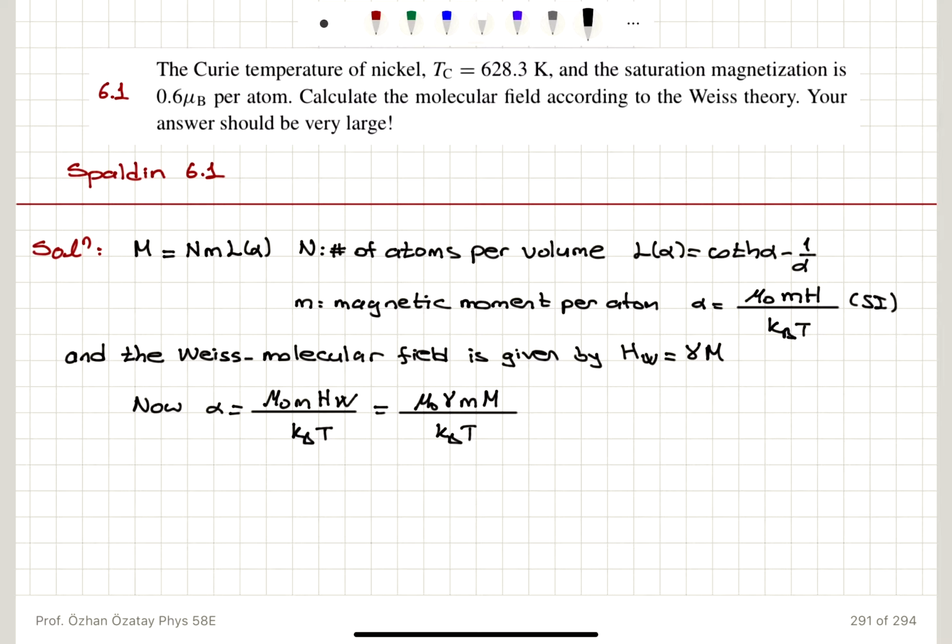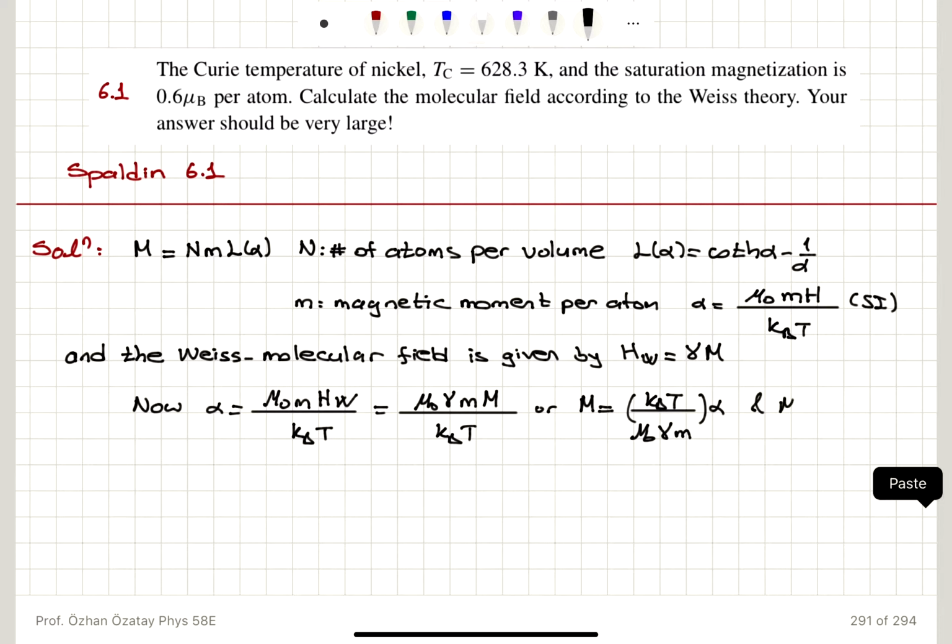So we can write magnetization in terms of alpha. Magnetization is kBT divided by mu0 m gamma times alpha, so it's linearly varying with alpha.